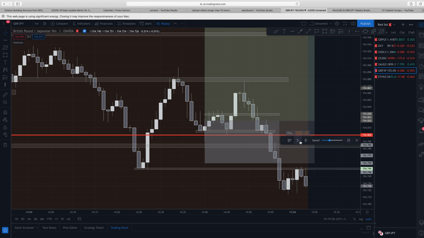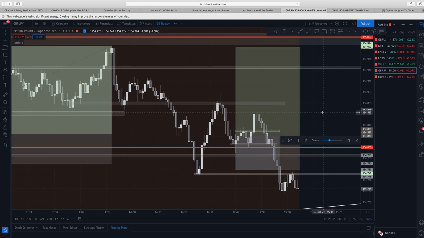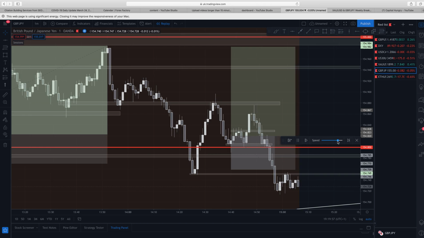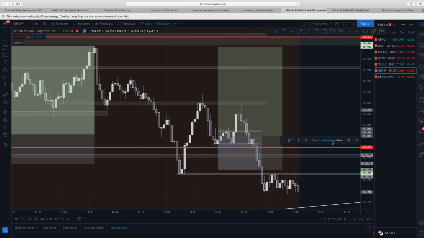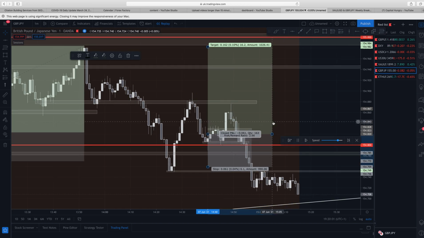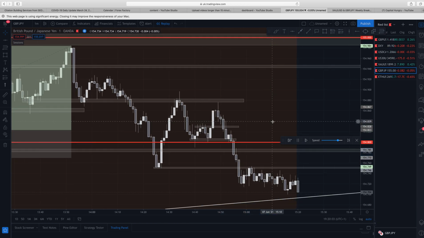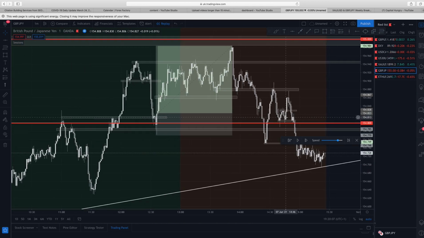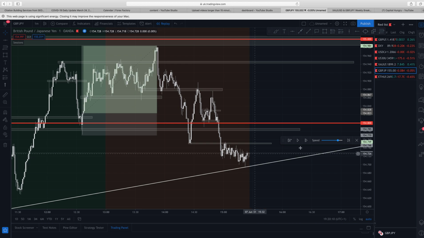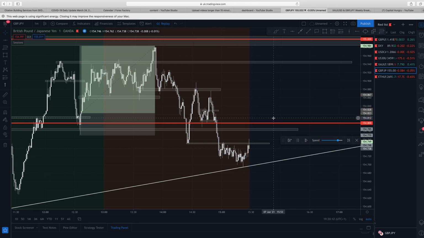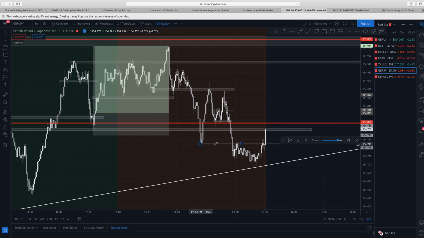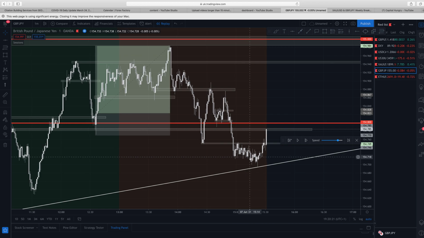There was another thing here. Oh yeah, that's where I got my trend line from. It's tap here. Failure for the bearish correction phase to carry on.